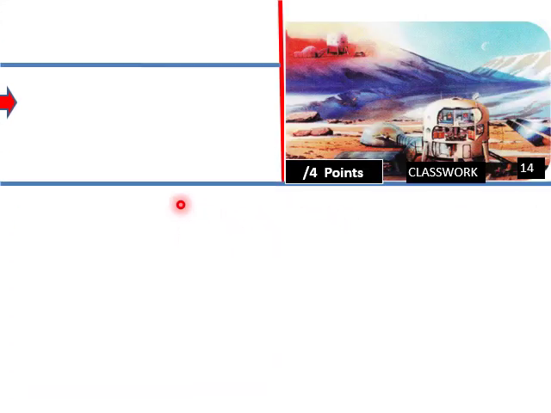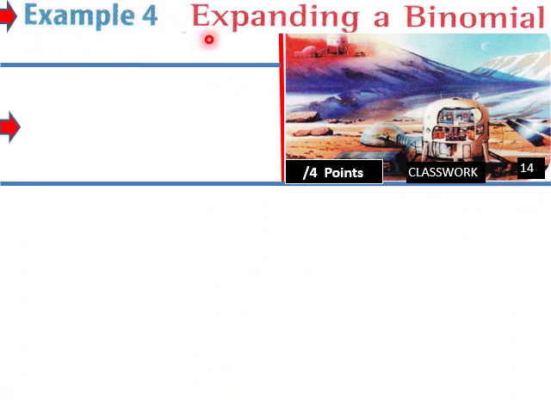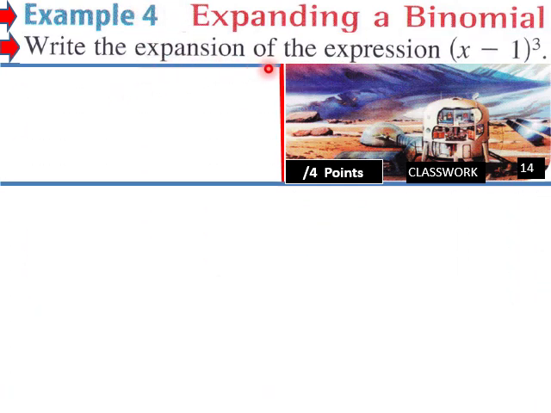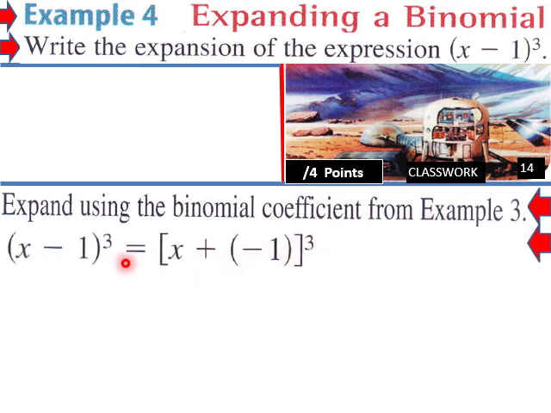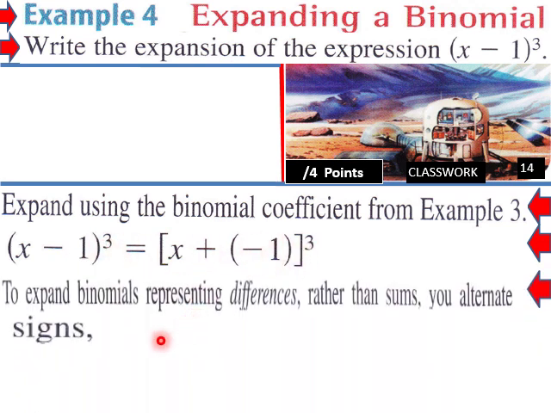Okay, onward to our next example here. Expanding a binomial. Write the expansion of the expression x minus 1 to the 3rd. Now we have a difference here. Expand using the binomial coefficients from example 3. So we're going to separate off this negative 1 here, cubed.